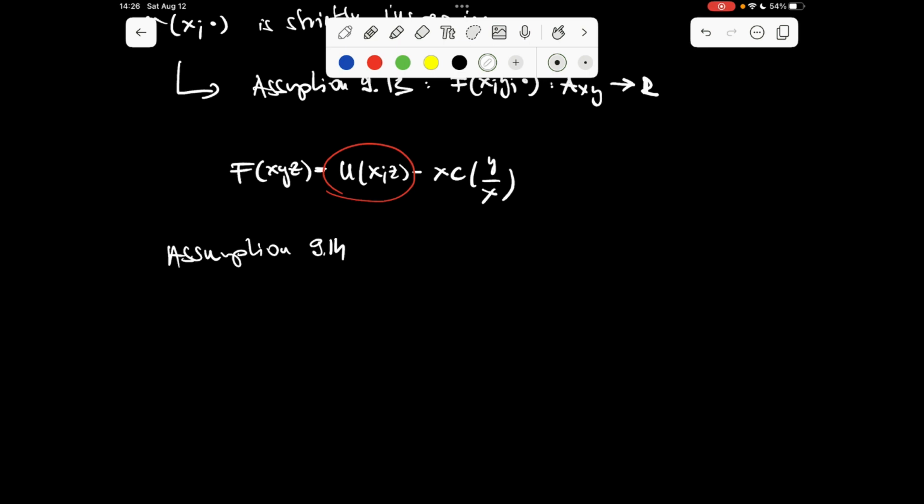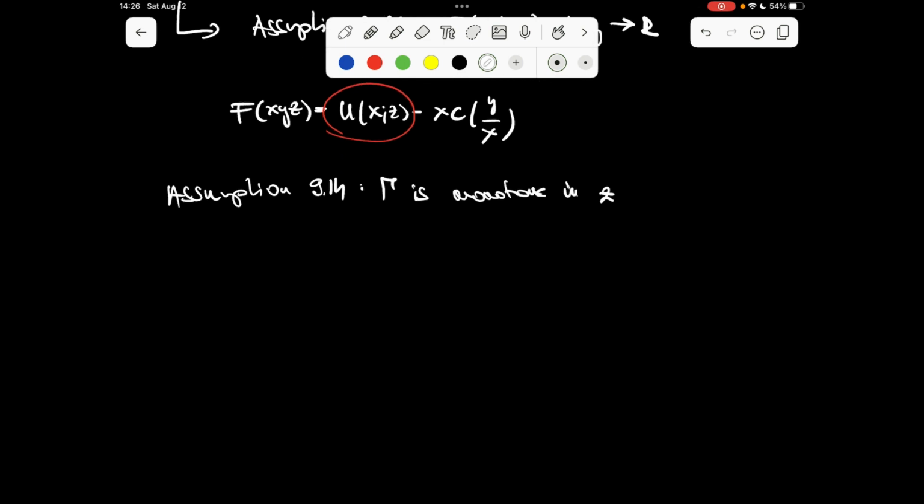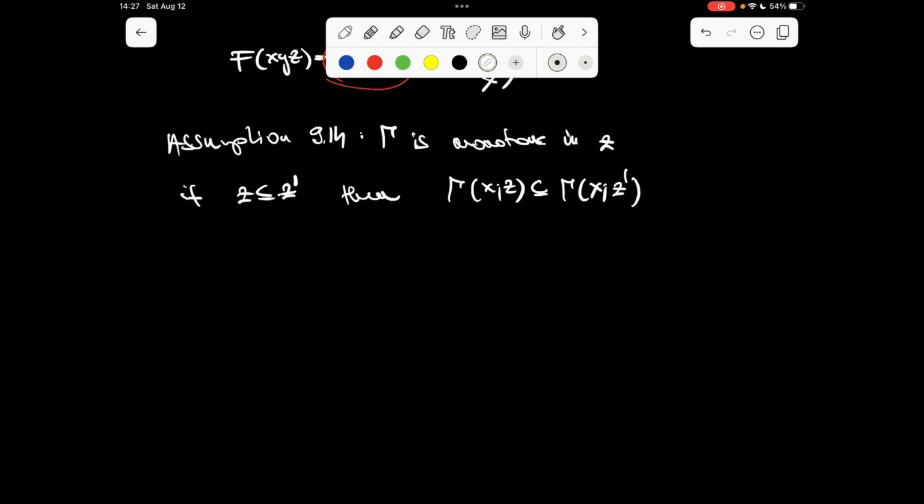Assumption 9.14. Gamma is supposed to be monotone in z, in the sense that if this relation holds, then the correspondence must be a subset of the correspondence evaluated at the higher exogenous state.